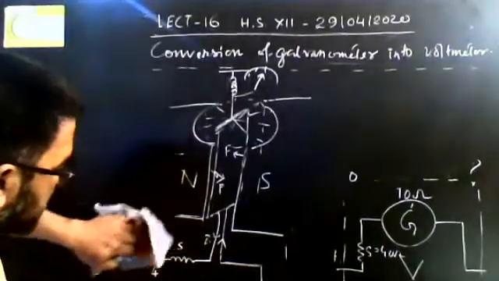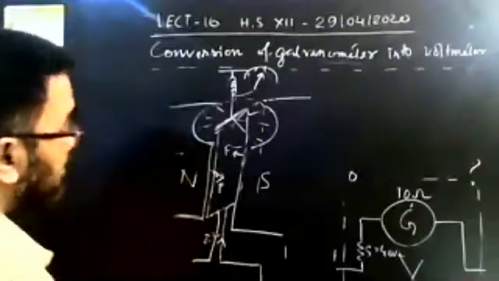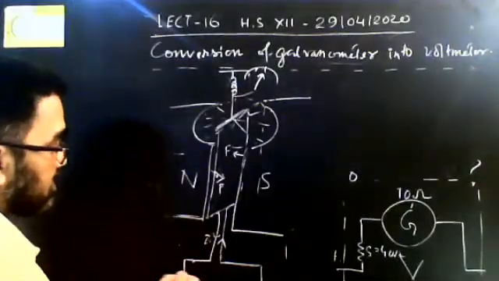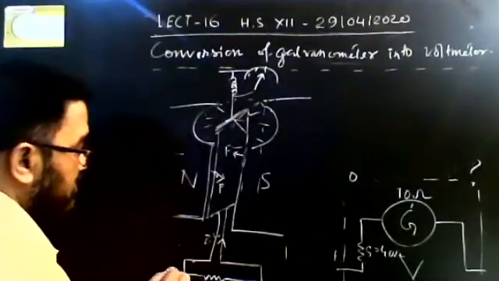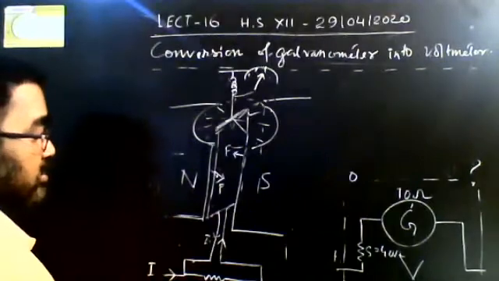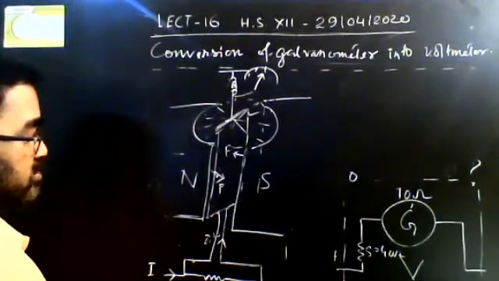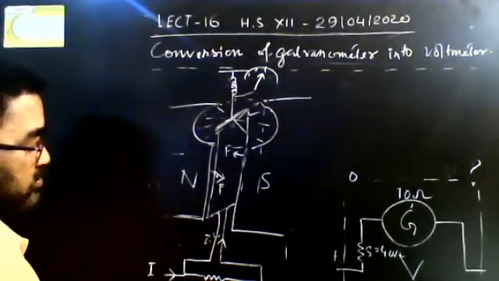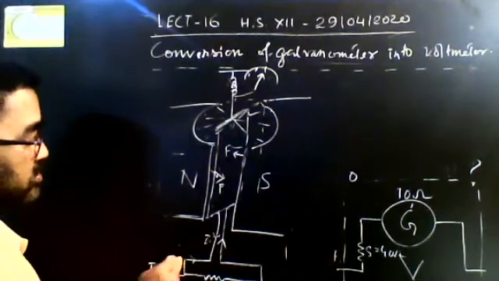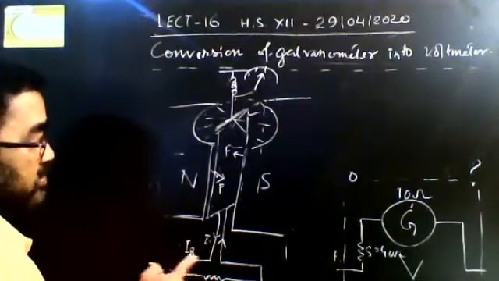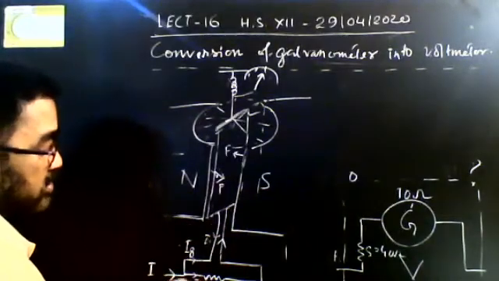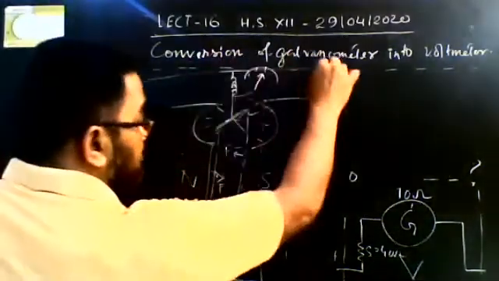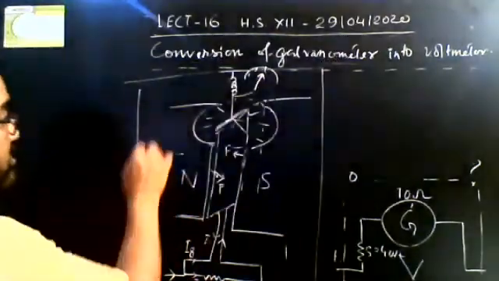Otherwise, if you want to convert it into an ammeter, then you have to connect a shunt resistance S of low resistance. So a small amount of current passes through the galvanometer, IG, and some current IS will pass through the shunt. Then the whole system will be an ammeter.